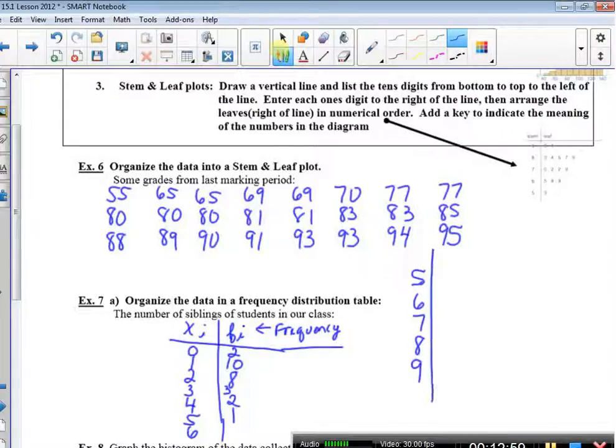And then you draw a line, and then you list: there was a 55, then it jumped to 65, 65. So you just write the ones digits, so 65, 65, 69.